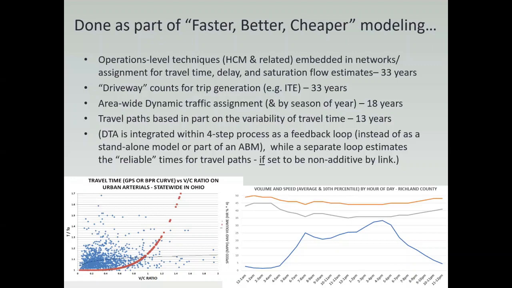The average travel speed by time of day that you can see at the top of the chart actually reaches its low point, or point of the highest delay, during the middle of the day rather than the PM peaks, or at least that's how it works out here in the slower growth Midwest. The big cities on the East Coast and the West Coast, that can vary, but this is the pattern in Ohio, including the counties that are part of the MPOs that I do work for.